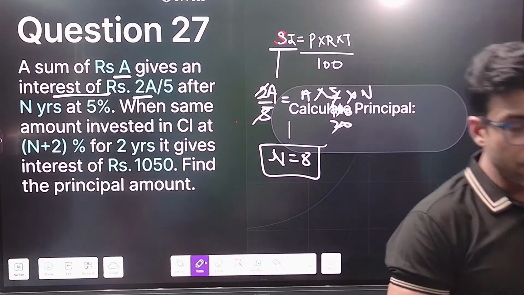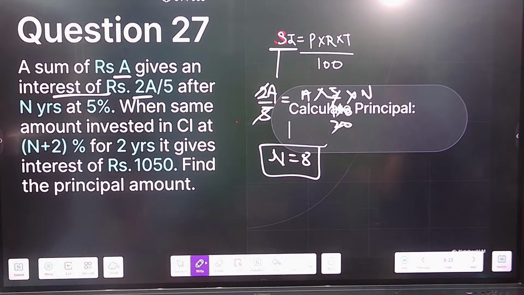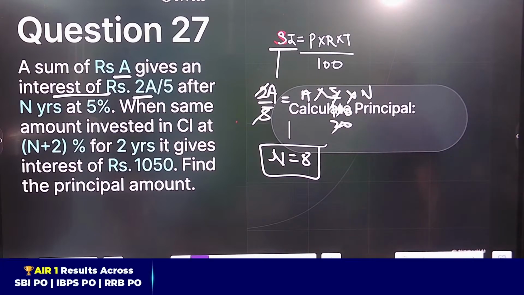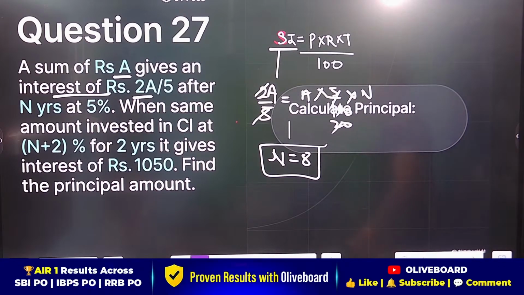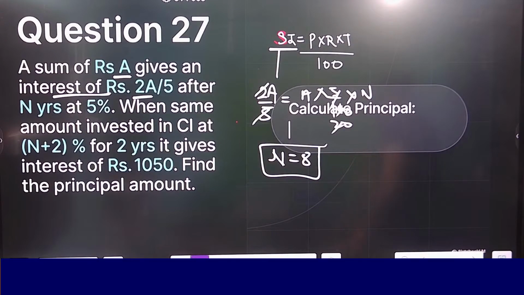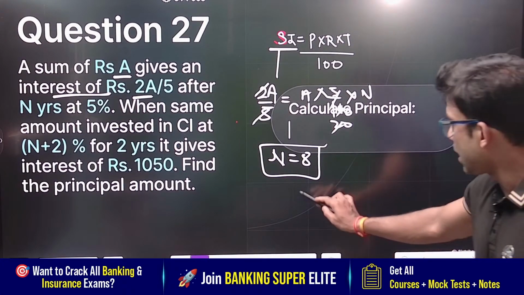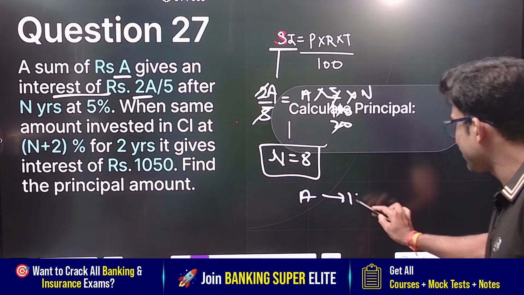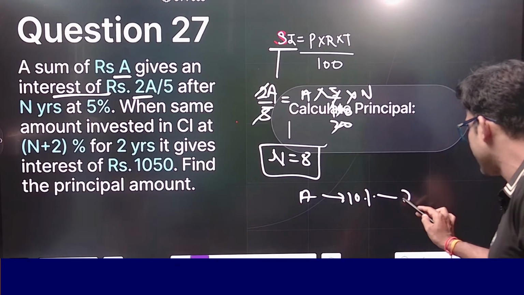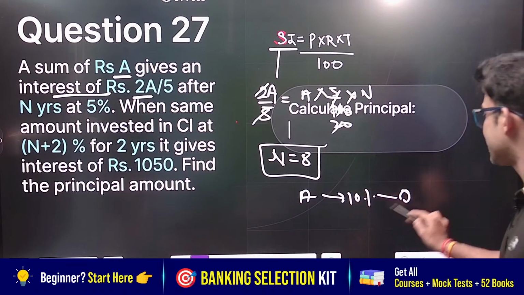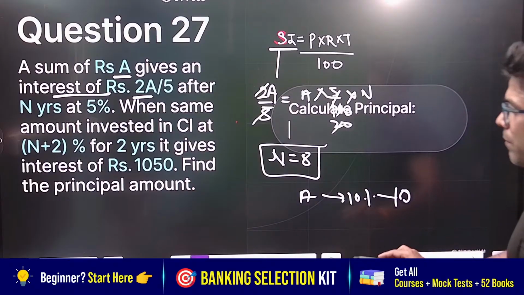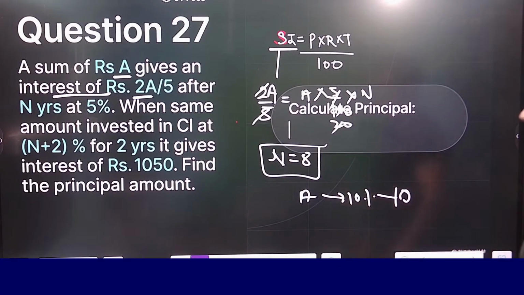Correct? Now if you got the value of N as 8, they're asking, when the same amount is invested in CI at N plus 2%, N is 8, then it is 10%. I don't know the amount. So the amount is invested at 10% for 2 years.